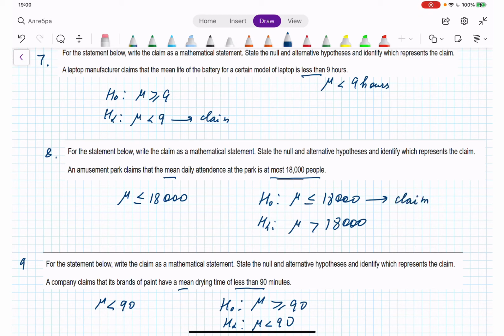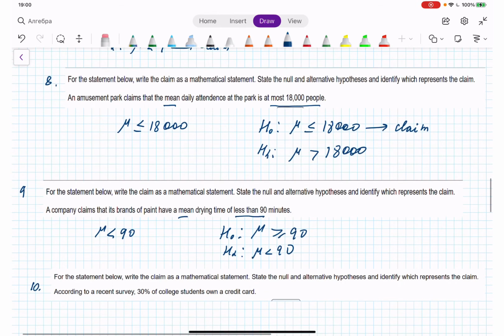Like I said, you have to follow what the word problem says, and that is going to be your claim. Next, for question number 9, mu greater or equal to 90, and the alternative is less than 90. The one that is less than 90 is going to be the claim.